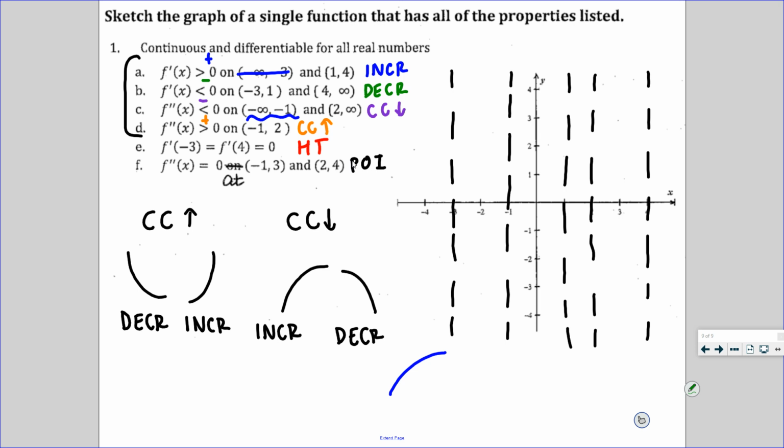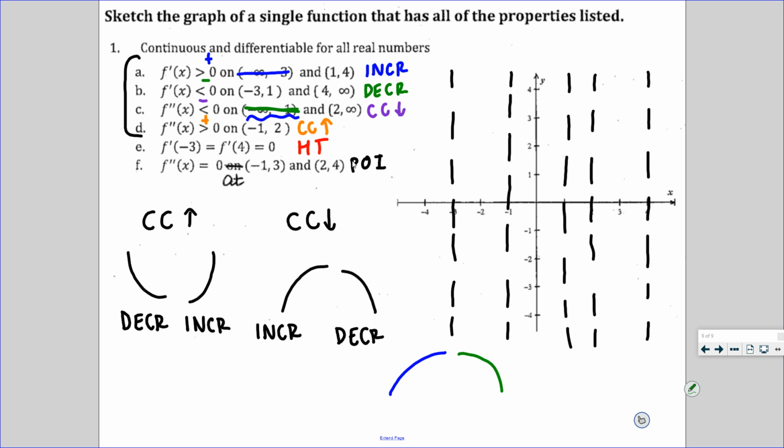So at this next chunk here from negative 3 to negative 1, it has to be decreasing, concave down. So concave down, decreasing, it's going to look something like that for the next chunk there. All right, so we have that interval taken care of, the one where it's concave down.